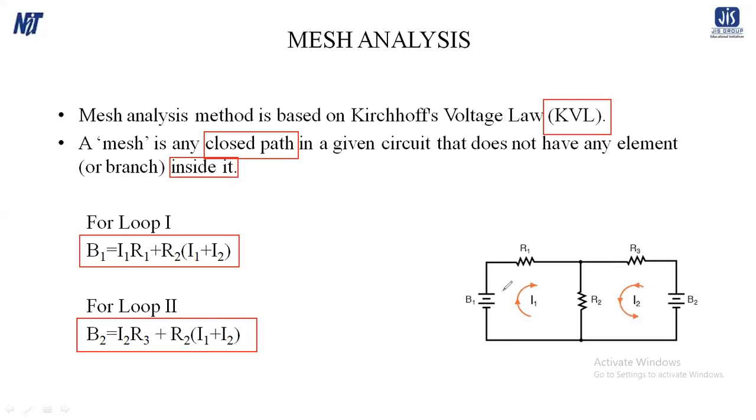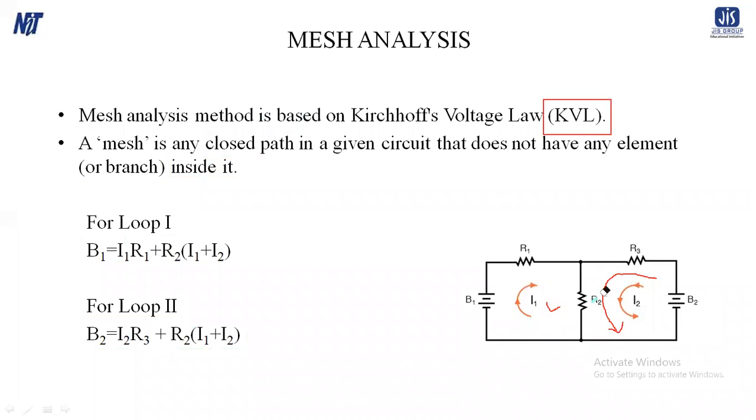This is the loop where the current I1 is circulating in this direction, and in the second loop the current is circulating in the opposite direction. The rotation of I1 is clockwise and the rotation of I2 is anti-clockwise.